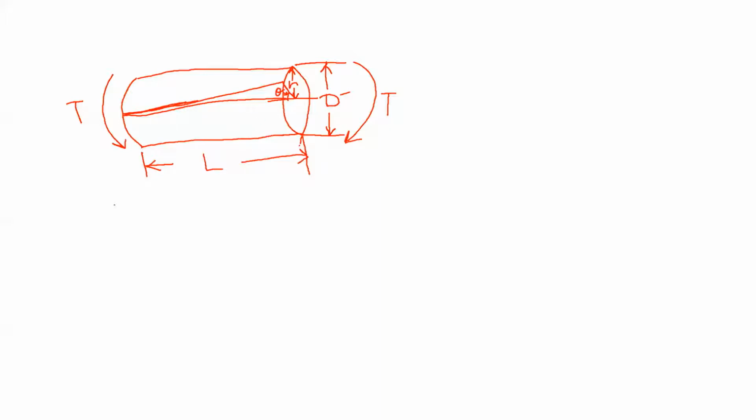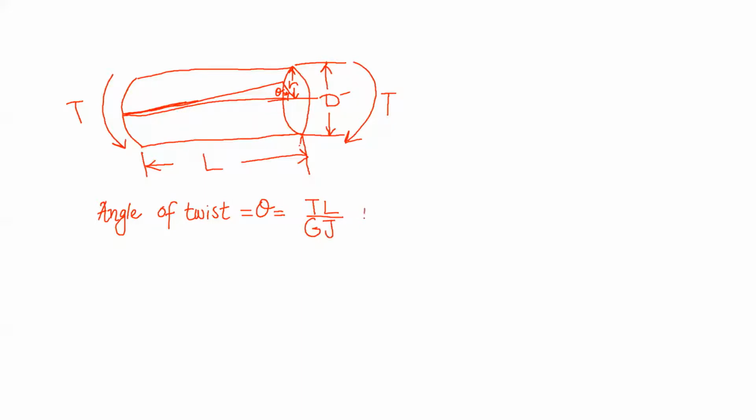So let's have a look at the formula. What is the angle of twist? Angle of twist is equal to theta, and the formula for angle of twist theta is TL over GJ.